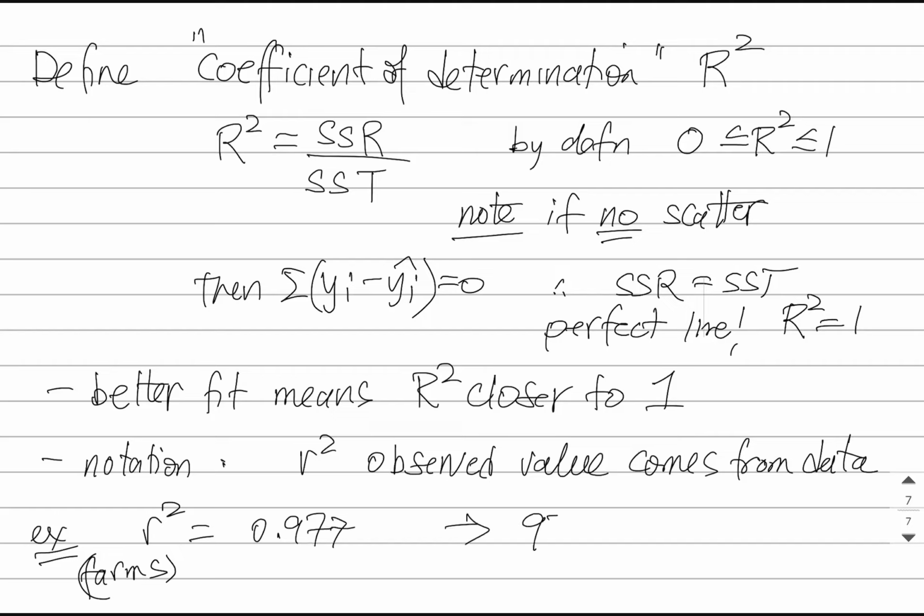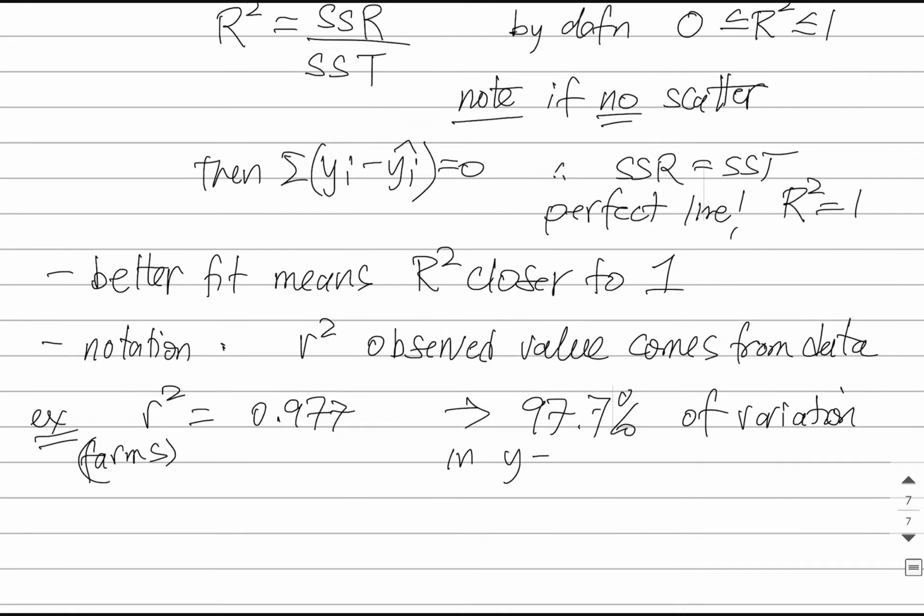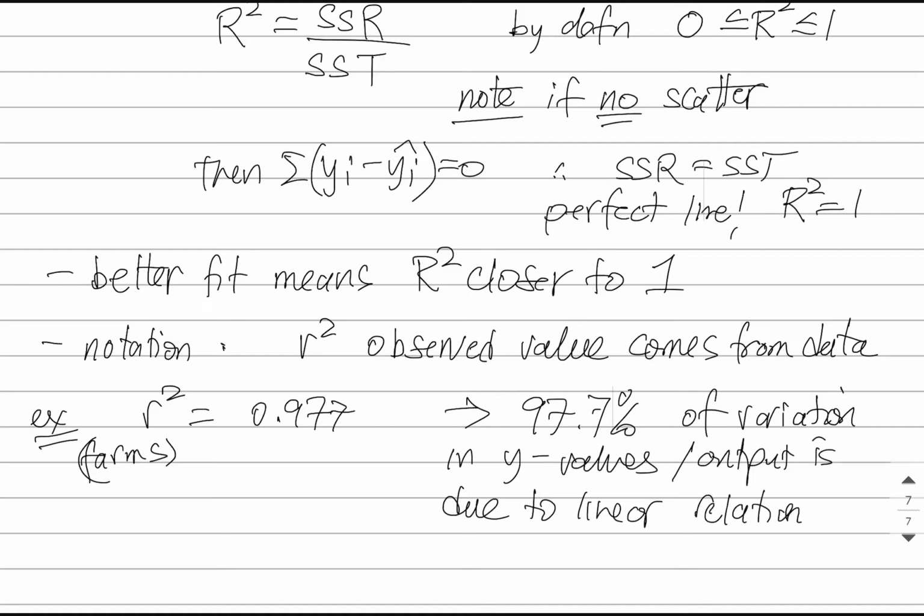And that means that 97.7% of the variation in the Y values, or the output values, is due to a linear relationship, and about 2.3% is due to error or scatter.